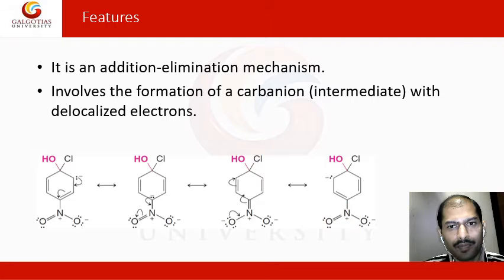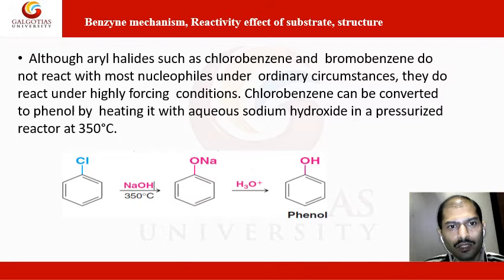Now in the case of the benzyne mechanism, as you know, aryl halides such as chlorobenzene and bromobenzene do not react with most nucleophiles under ordinary conditions. They do react under high forcing conditions, which favor this kind of reaction.